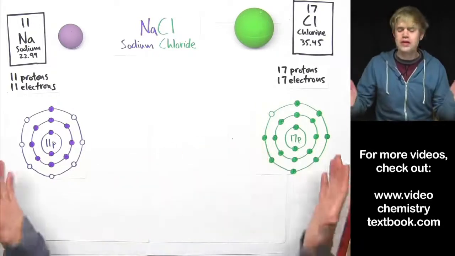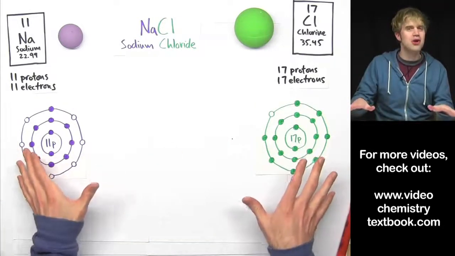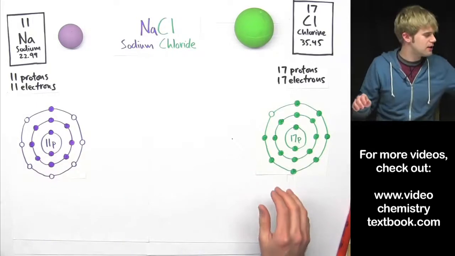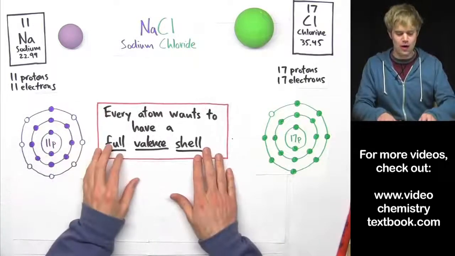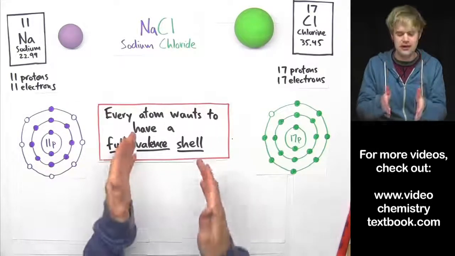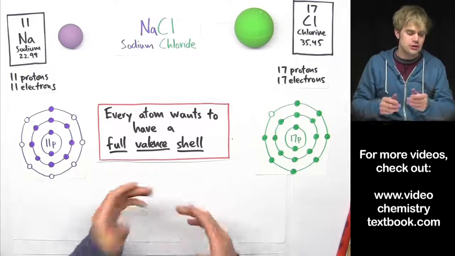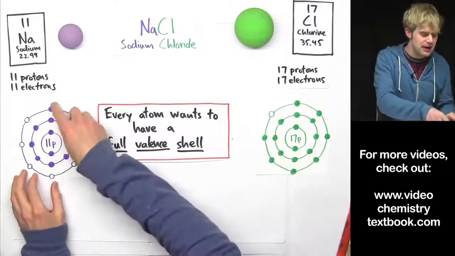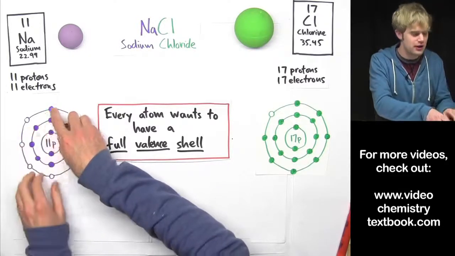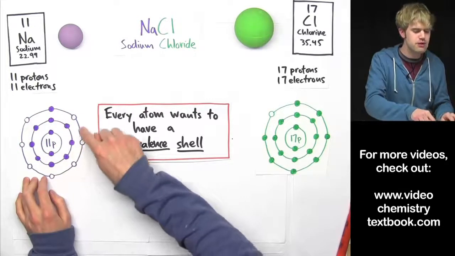The reason why these two atoms are so upset is because every atom wants to have a full valence shell. It's like every atom's goal in life. Sodium is really unhappy because it only has one electron in its valence shell, and it has these 7 empty spots.